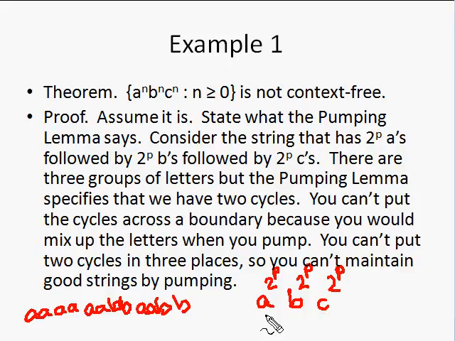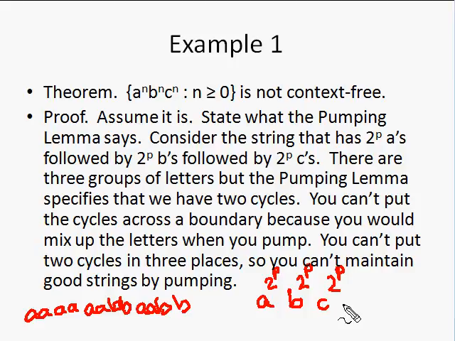You cannot keep 3 letter groups all having the same count with just 2 cycles. It's impossible. And that's what you say. That's your argument. And then that forms a contradiction to your assumption that the pumping lemma is true. And that was based on your assumption that the language was context-free. And therefore, it cannot be context-free.